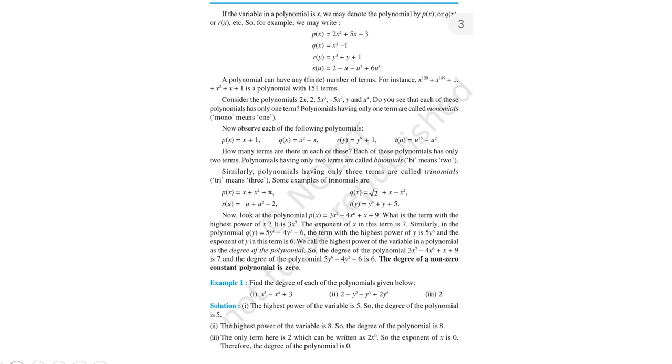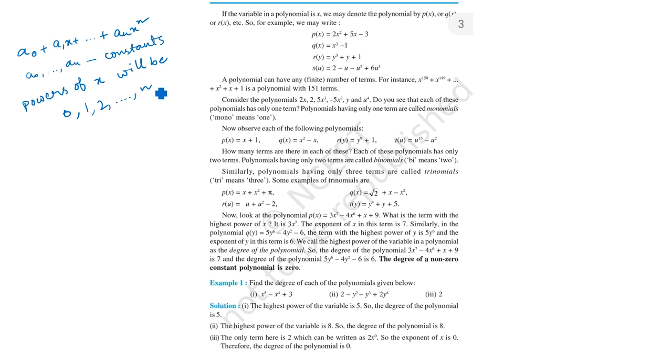We know from the last video that a polynomial is an algebraic expression of the form a0 plus a1x plus dot dot plus an x to the power n, where a0, ..., an are constants, and the powers of x will be 0, 1, 2, dot dot n.